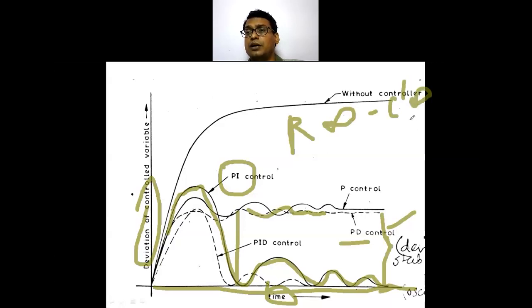This is nothing but the offset. So this offset becomes 0 for proportional integral action. Then for the proportional integral derivative, it is the integral action that reduces the offset, but there are oscillations.